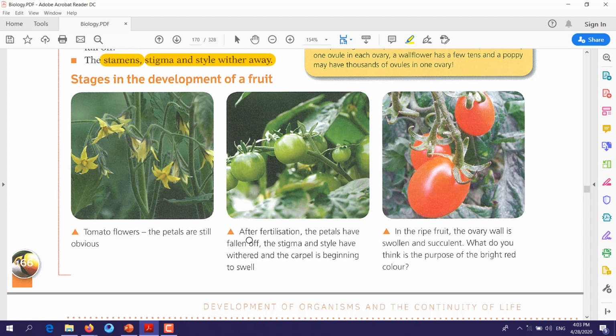No. After fertilization, the petals have fallen off, the stigma and the style have withered, and the carpel is beginning to swell. The carpel is the ovary. In the ripe fruit, the ovary wall is swollen and succulent.